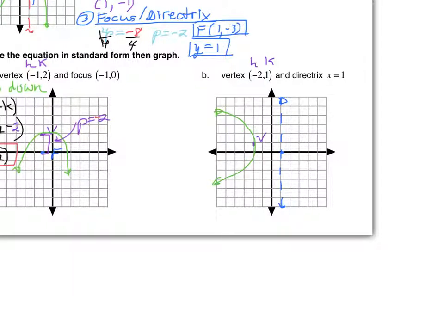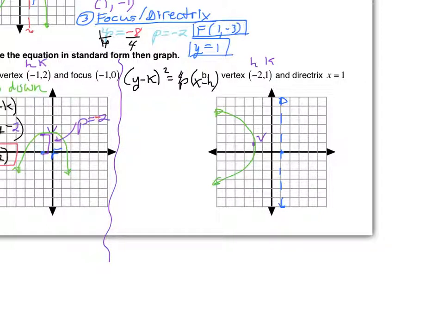So if my parabola is left-facing, aren't we using the following formula? Y minus k squared equals 4p times x minus h. And because my parabola is opening left, I know p has to be negative.